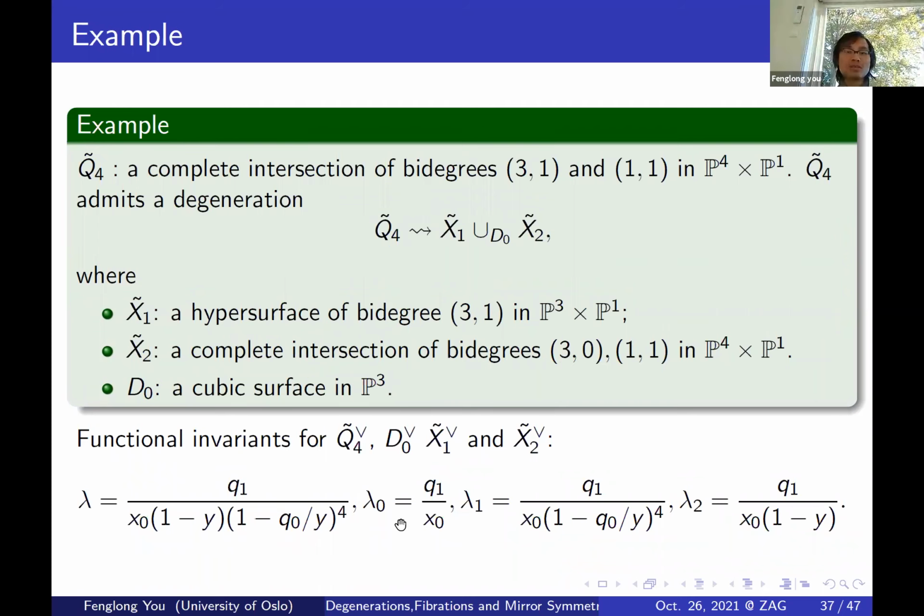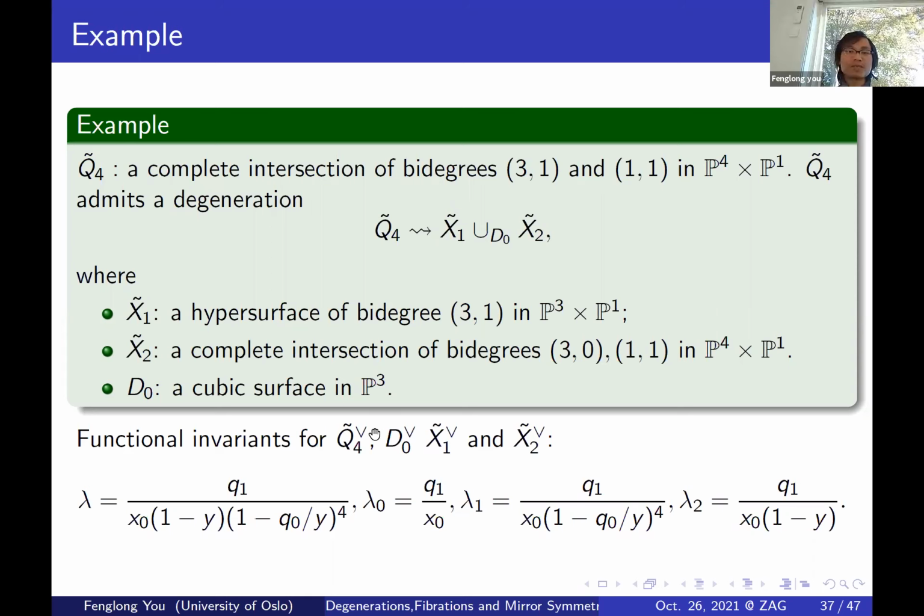And similar to the Calabi-Yau case, we can also look at periods. Here, we can consider an example, which is Q4 tilde, which is a complete intersection of type (3,1), (1,1) in P4 times P1.